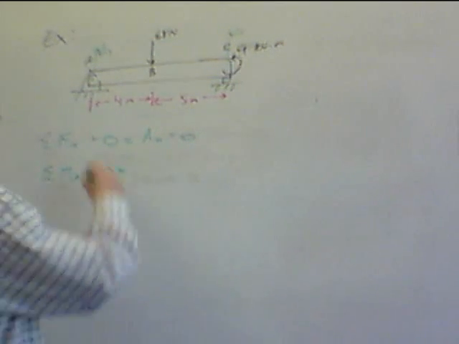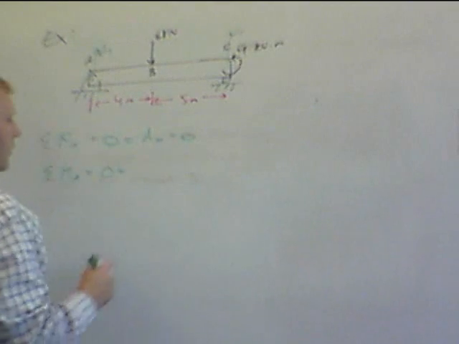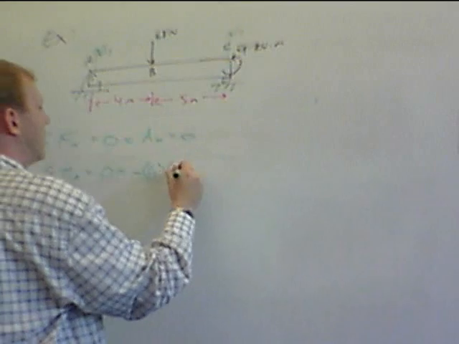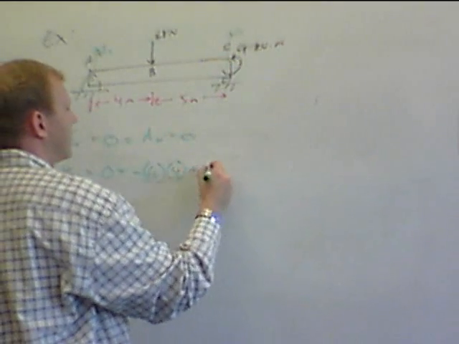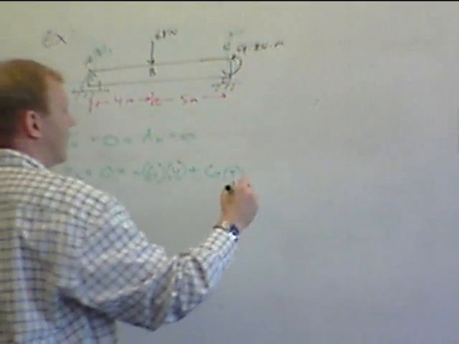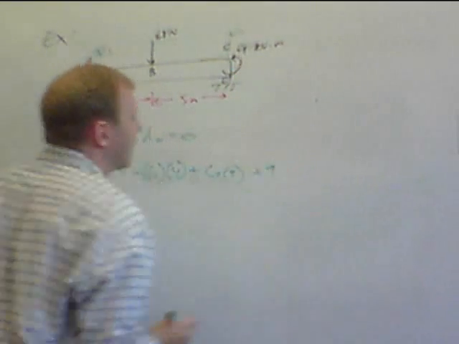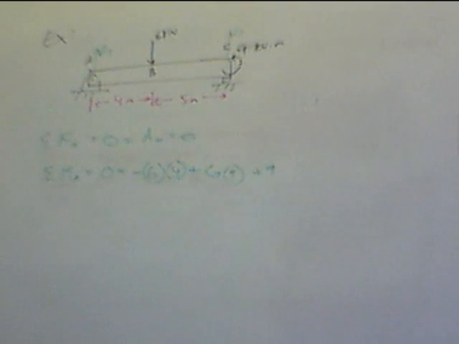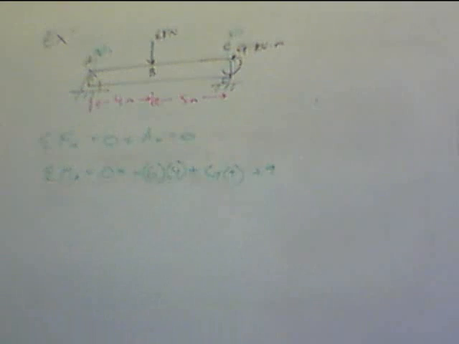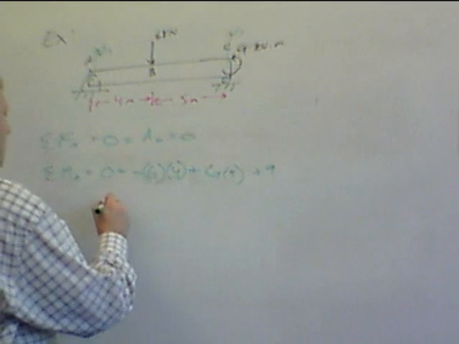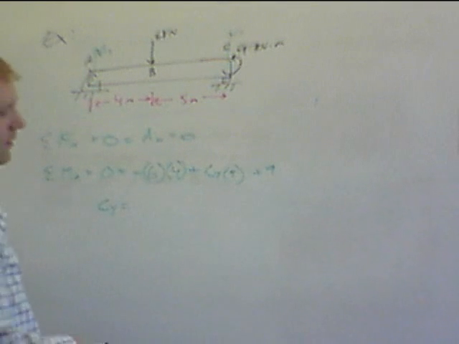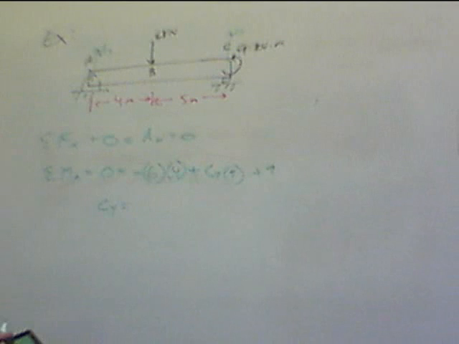AY drops out. The 6 kilonewton force is minus 6 times 4. We have plus CY times 9, plus we have our 9 kilonewton meter applied moment at the end. Okay, so AY dropped out. We have the two forces and the applied moment. Solve this. We get CY equals 24 minus 9, 15 divided by 9 is 1 2/3.